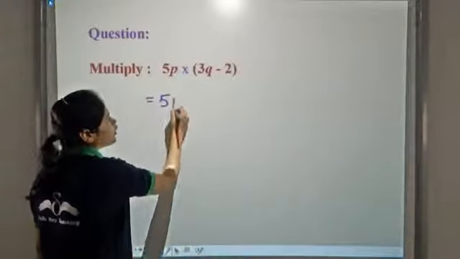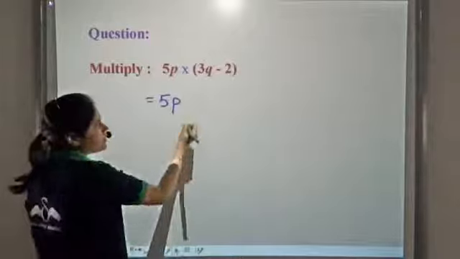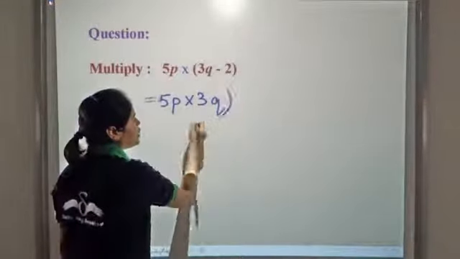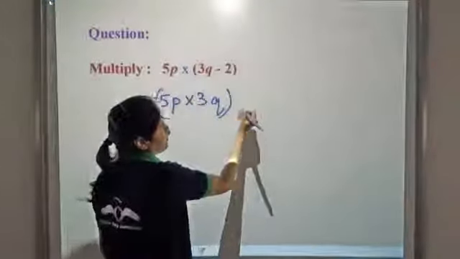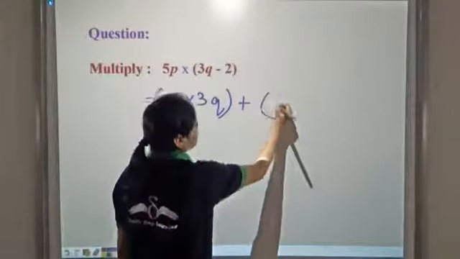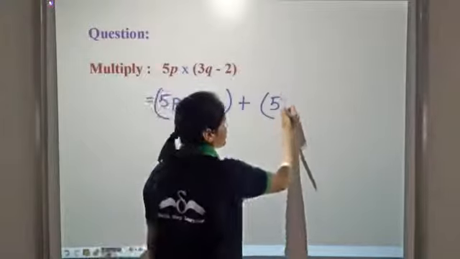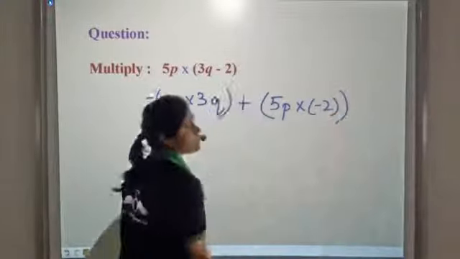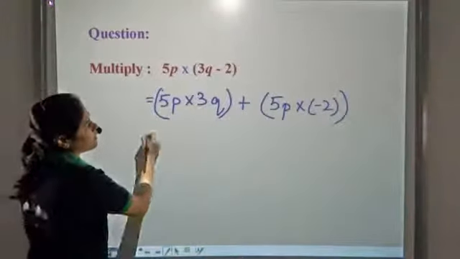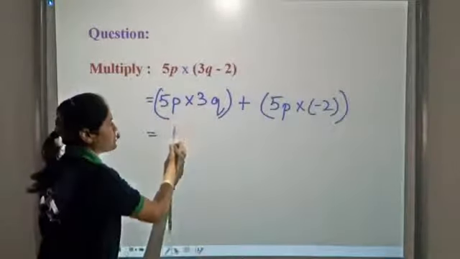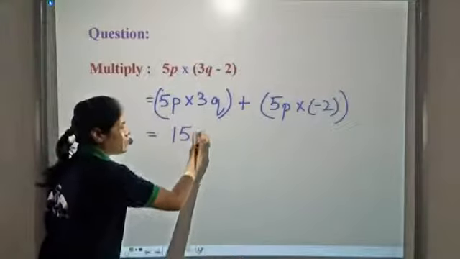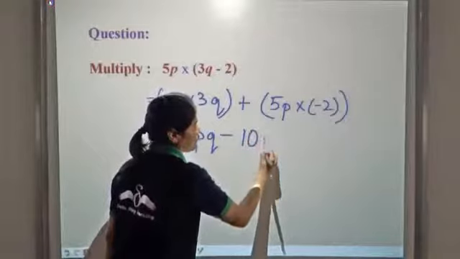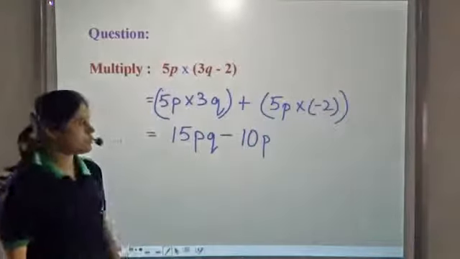Let's distribute it over the entire expression, that is, multiply it with each term. 5p into 3q plus 5p into negative 2. So we get 5 threes are 15, pq, minus 10p. So this is the answer.